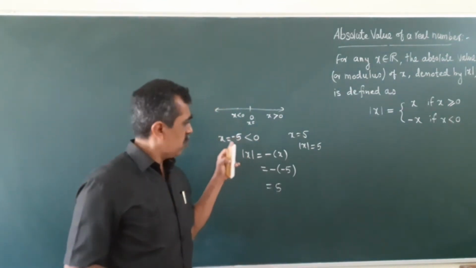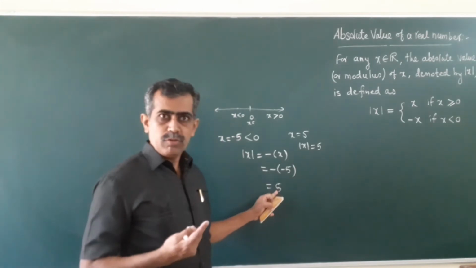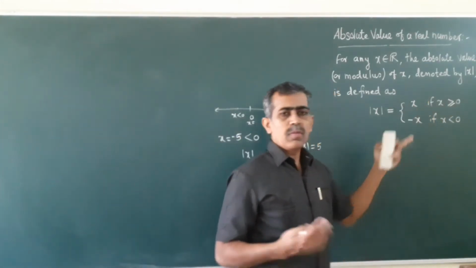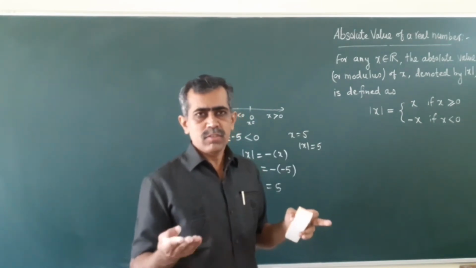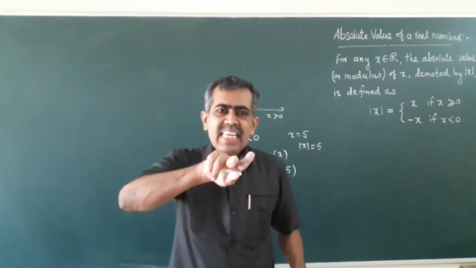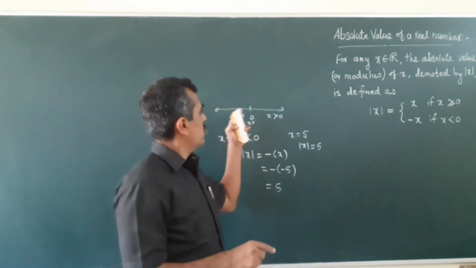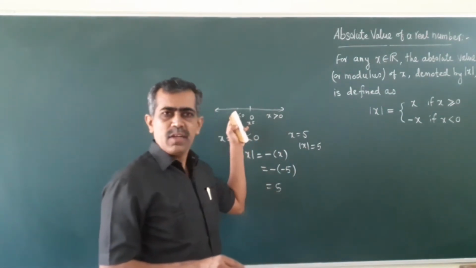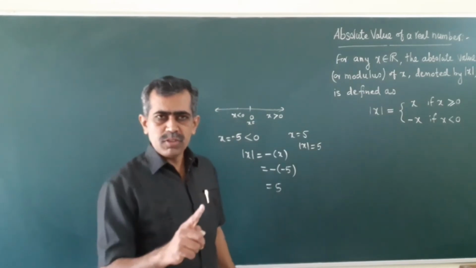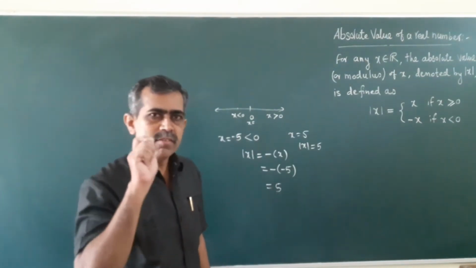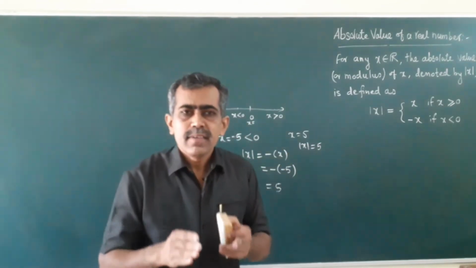Even if x is negative, what is mod of x? Positive. If x is positive, then mod of x is x, meaning it is again positive. So, for any non-zero number, either positive or negative, mod of x is positive. And one more thing, if x is 0, mod of 0 is 0.